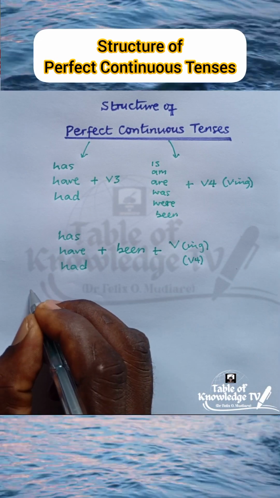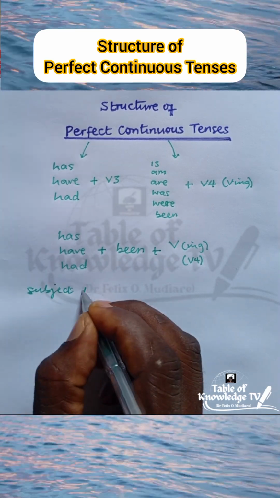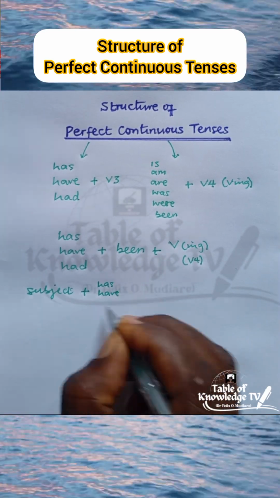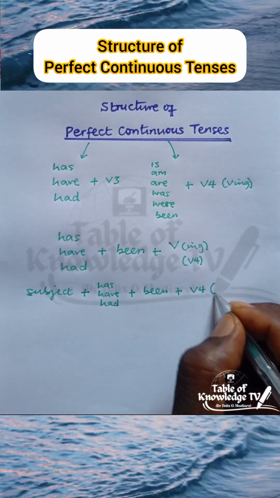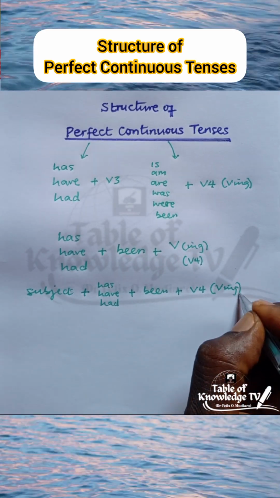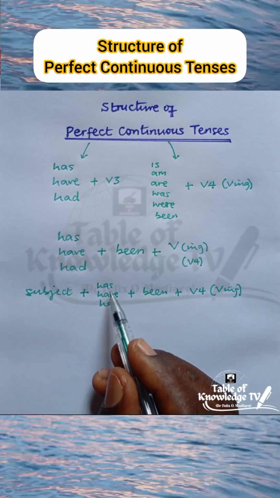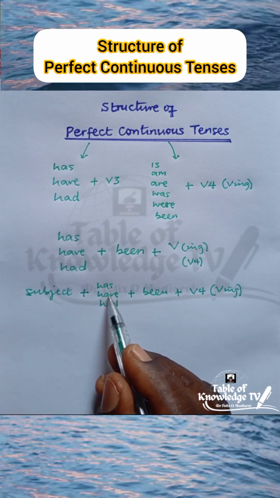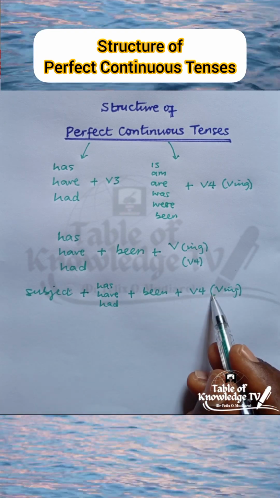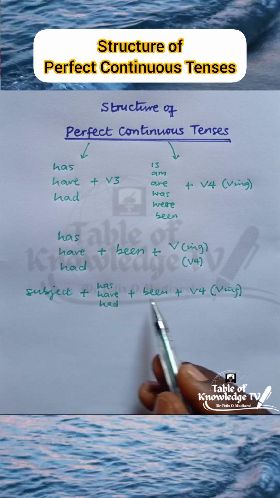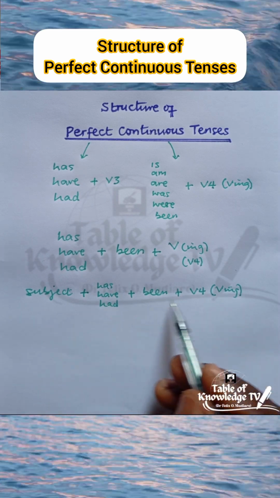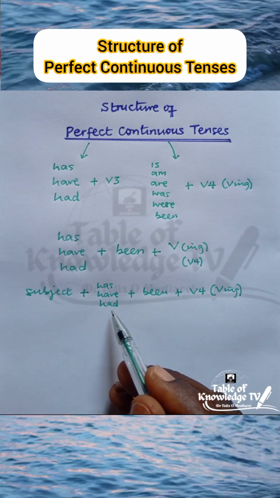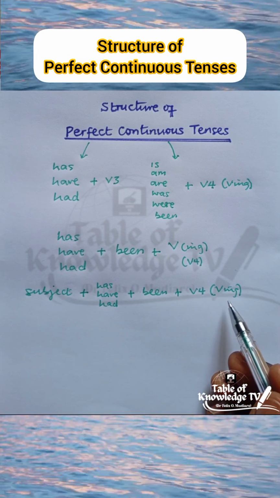So that if we write it out, we have, of course, the subject plus any of has, have, had, plus been, plus a verb in ing. Note that has and have are present tense. So if any of them is combined with this, we now have the present perfect continuous tense. Had is past tense, and if it is combined with this, we have the past perfect continuous tense.